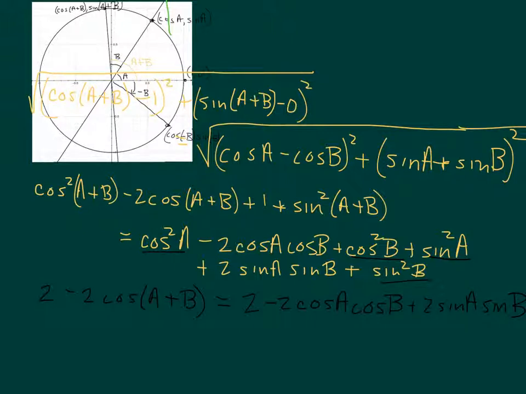Now we can subtract 2 from both sides. We could also divide both sides by negative 2.